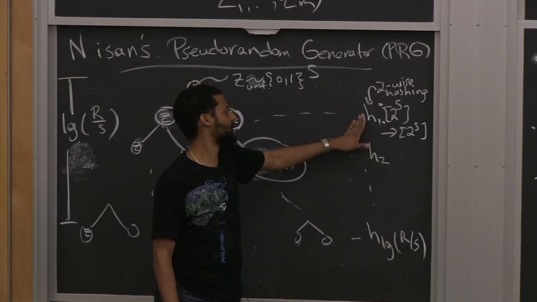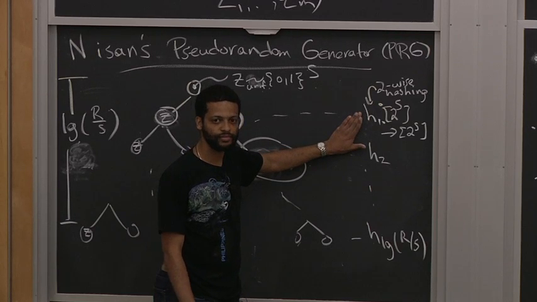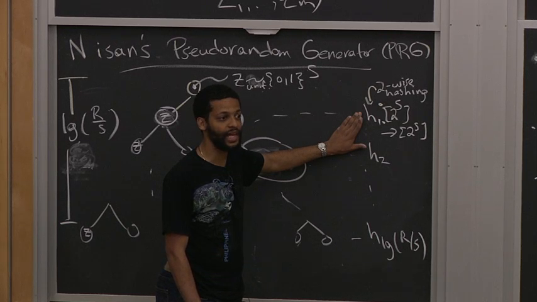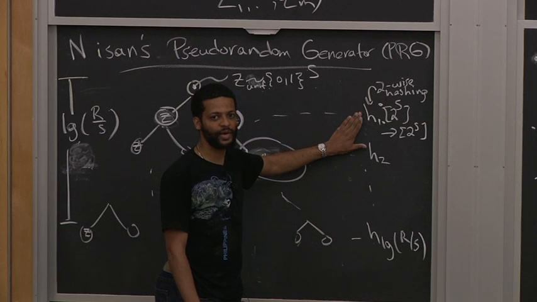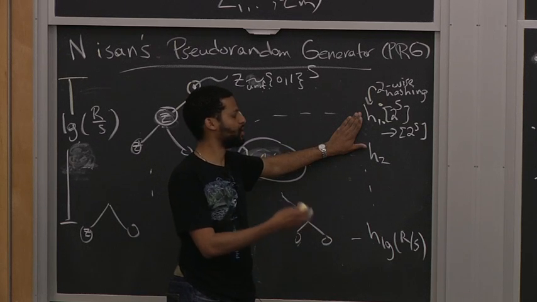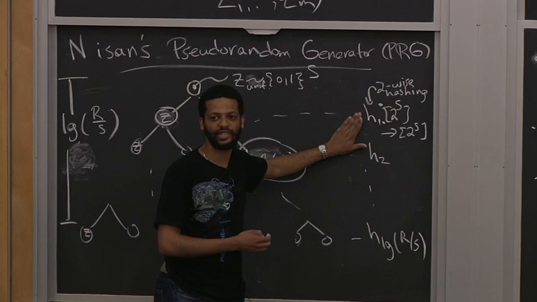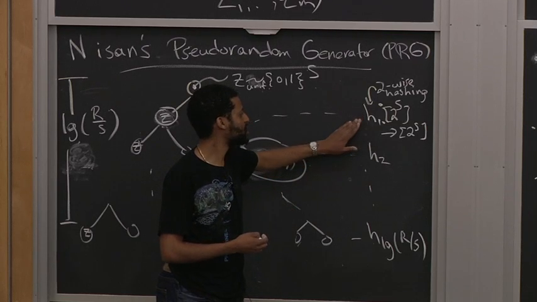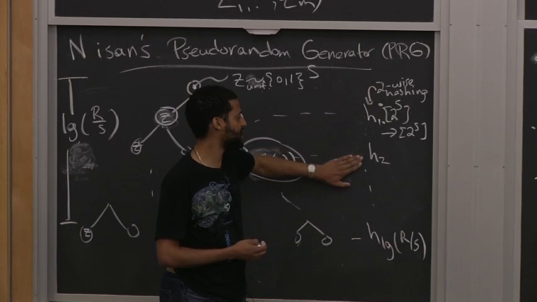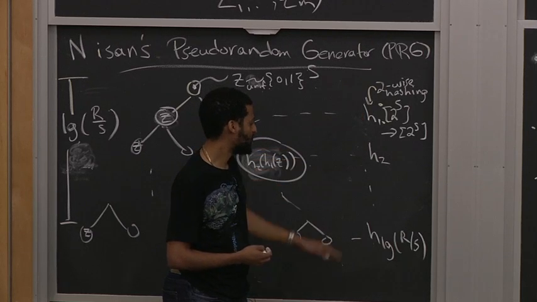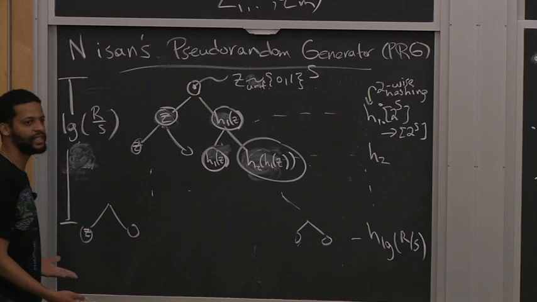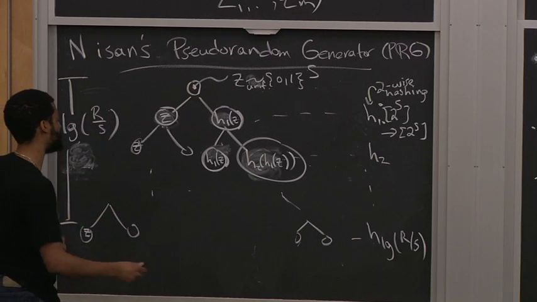How many bits does it take to specify h1? S, right? A pairwise independent hash function from q to q takes O of log q bits to represent. So this takes O of s bits to represent, this takes O of s bits to represent, et cetera. Now, what is h?